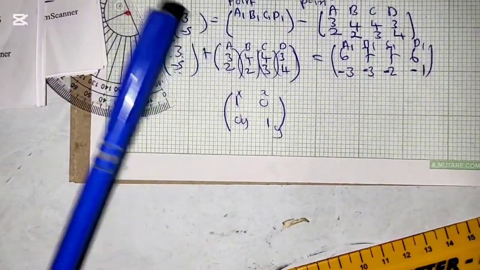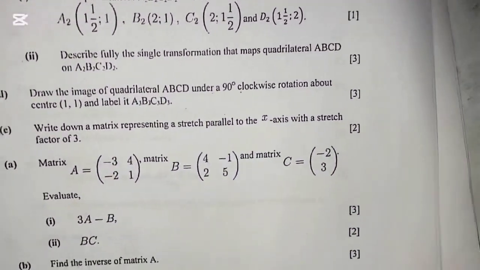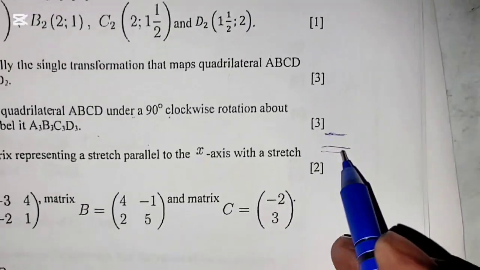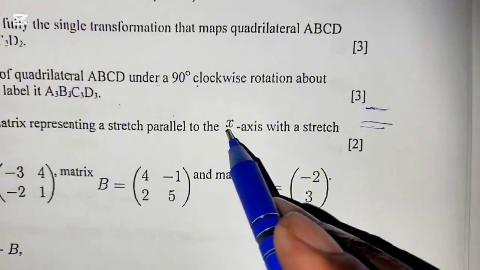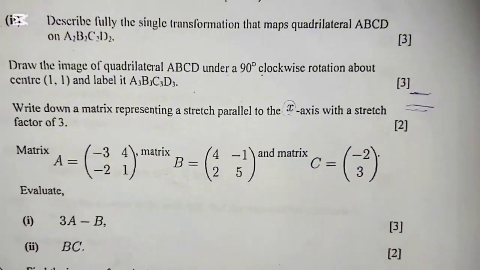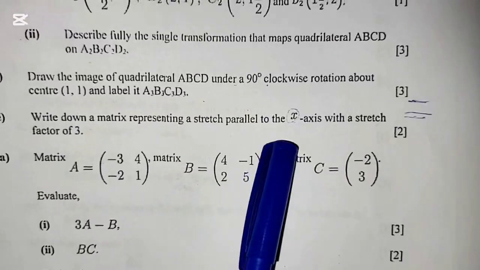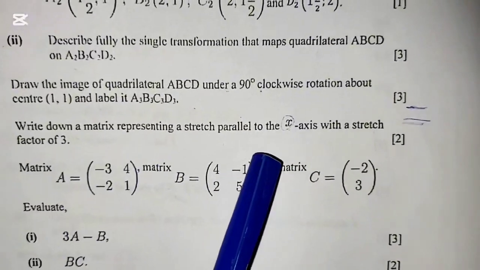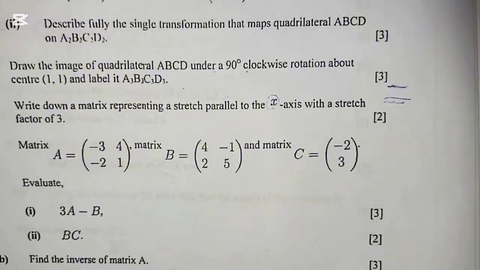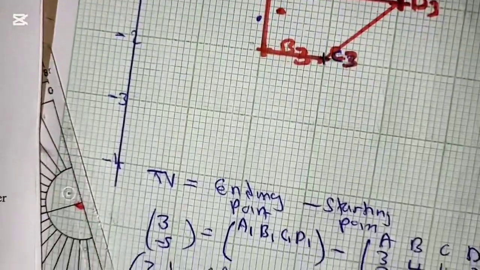Okay, so it says stretch parallel to x-axis. So parallel lines, they are like this all together, right? So you say parallel to x-axis, which means in the x-axis, but on stretch, if the stretch factor is on the x-axis, you are going to put your stretch factor on the y-axis.